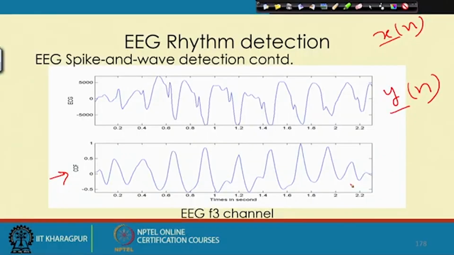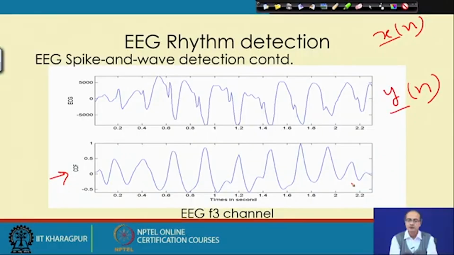They are close enough to be described as spike and wave, but they are not 100% matching. That is why the value is less than 1, but they have a very strong match, and that is why the cross correlation coefficient is more than 0.5 at many places.